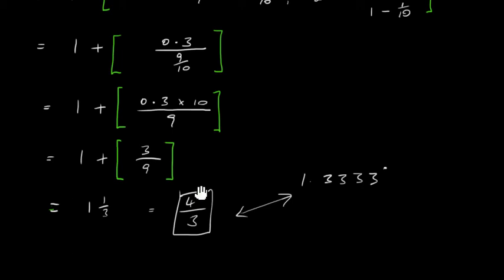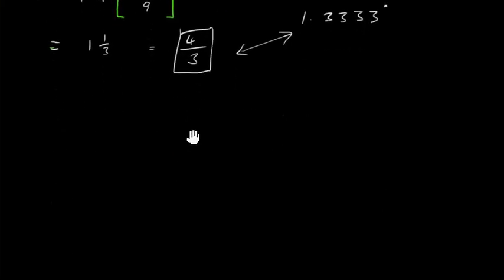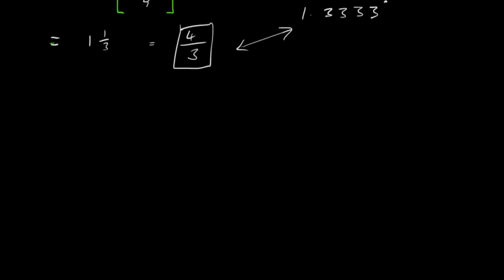Now another way of doing that without using geometric series is to simply write it down. Let's see, what did we start with? 1.33333, and we'll call it x. Okay, we'll call that x. Multiply it by 10, you'll get 10x. Multiply this by 10, you get 13.3333 and so on.